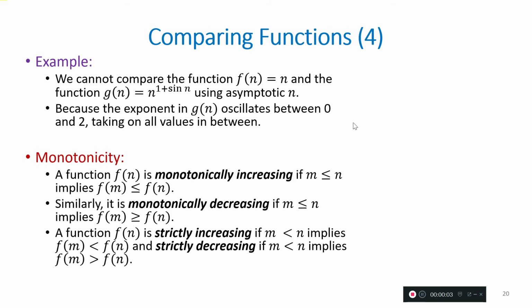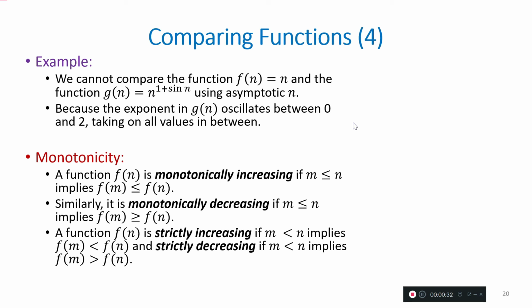Take a look at this example, where we want to compare functions f of n is equal to n and g of n is equal to n to the power 1 plus sine n. If we look carefully, we observe that the exponent of g of n, that is 1 plus sine n, oscillates between 0 and 2, as sine n can have a minimum value of -1 and maximum value of 1.